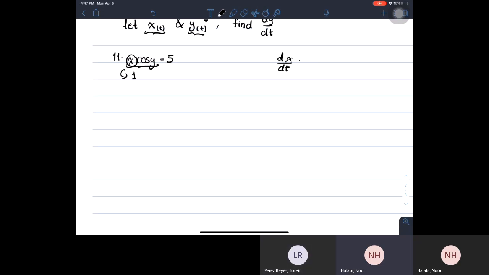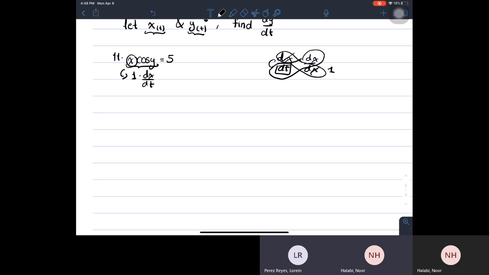I can't leave it like that, so I multiply it by dx over dx so that these give me 1, and I'm left with 1 times dx over dt. Do you see how I got that?